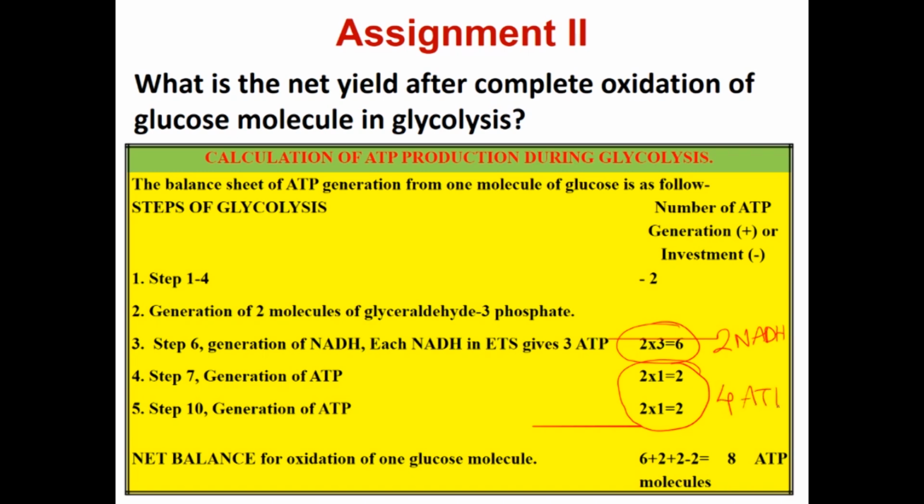That is the total production. But if I subtract the 2 ATP which were utilized, what I get is 2 NADH and 2 ATP, because 2 ATP is what you have used. So this is the net yield after the complete oxidation of glucose during glycolysis.